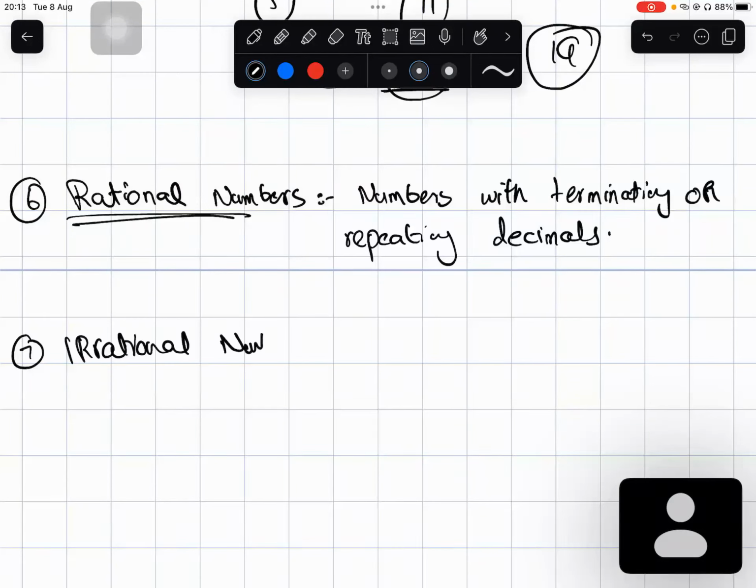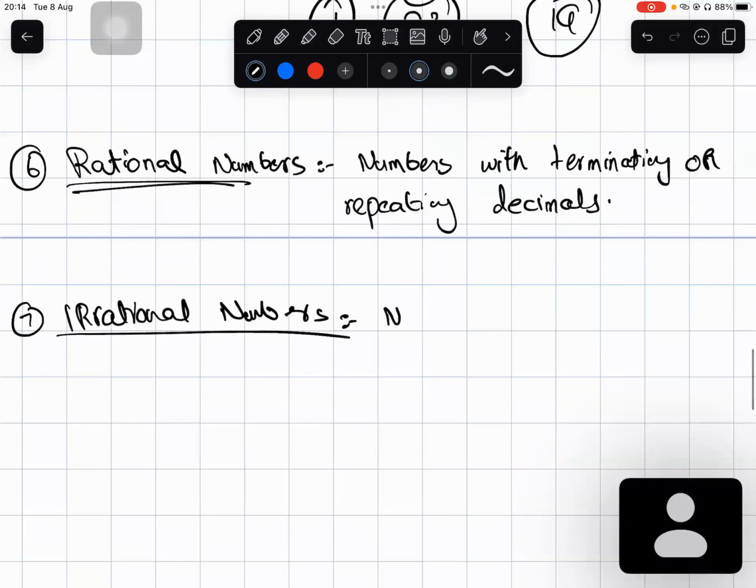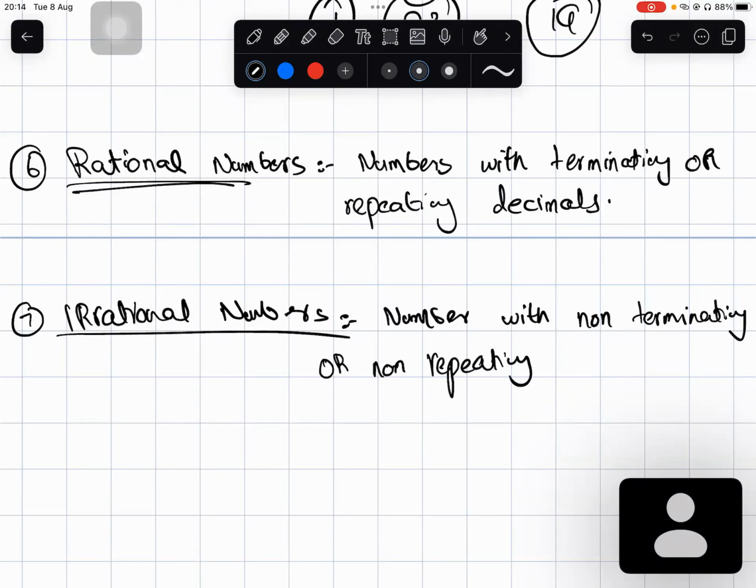Irrational numbers: numbers with non-terminating or non-repeating decimals.